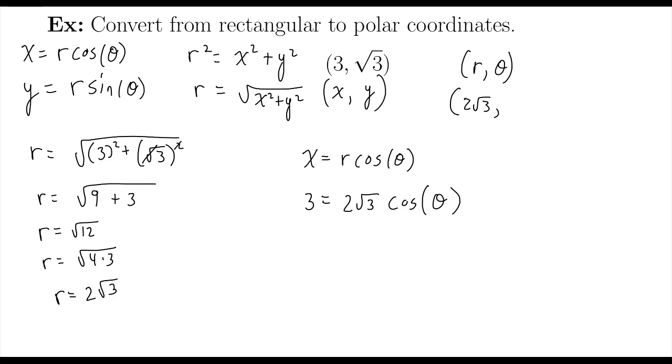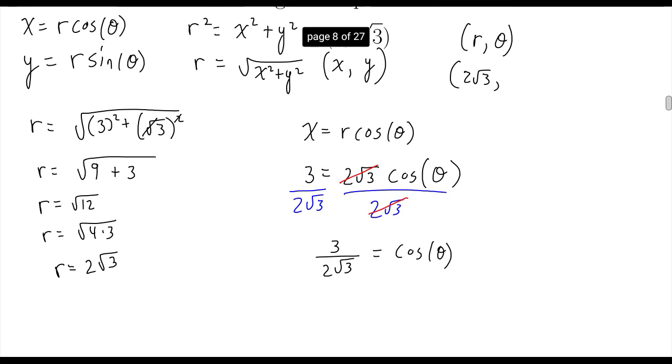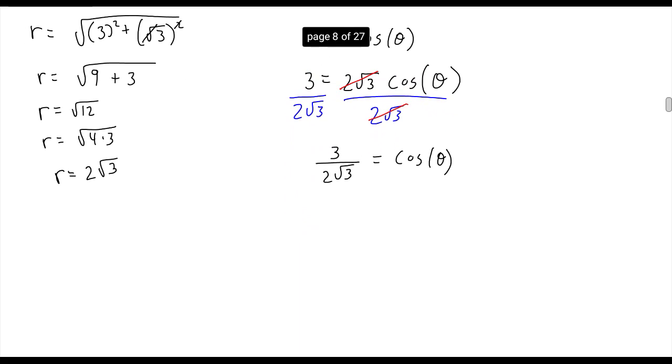Now let's simplify this a little bit. I'm going to divide both sides by 2 square root of 3. So 3 over 2 square root of 3 equals cosine of theta. Ordinarily we check to see where this is on the unit circle, but that's in a weird form, so we need to simplify it. I'm going to multiply the top and the bottom of that fraction by the square root of 3. I'm trying to rationalize the denominator.